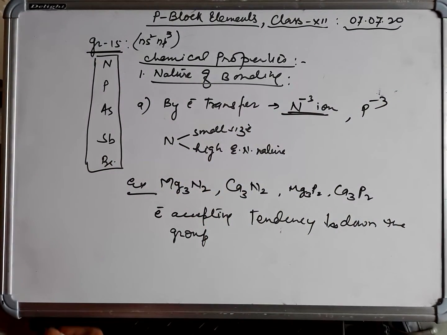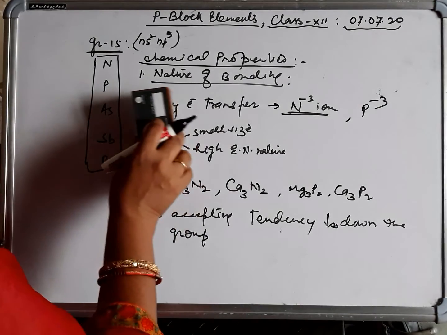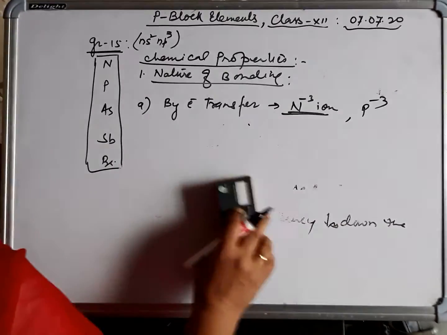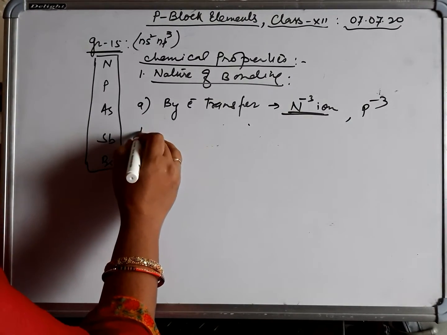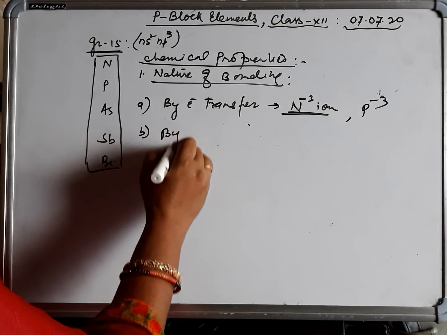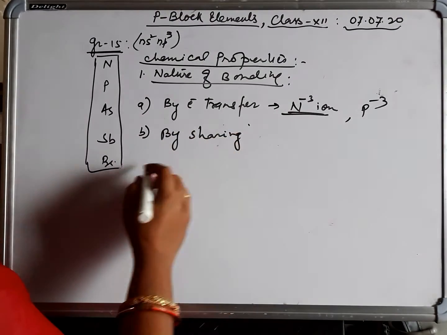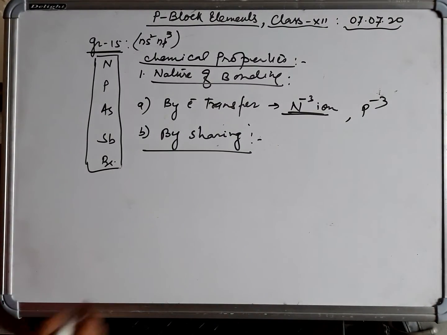The phosphide ion is also formed. Other members form compounds along with nitrogen by sharing of electrons. By sharing electrons, they can form a large number of compounds.